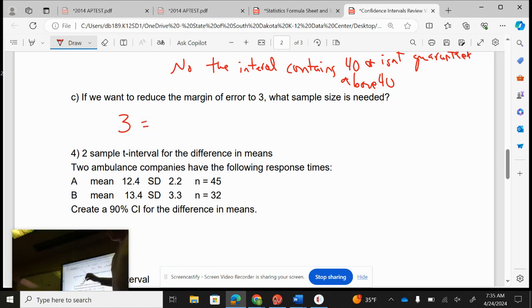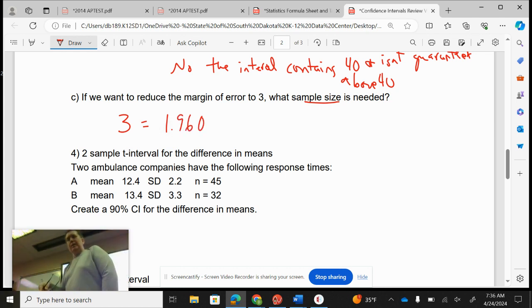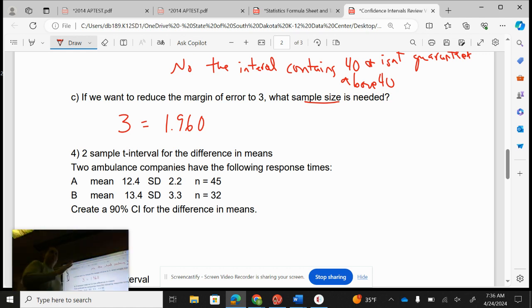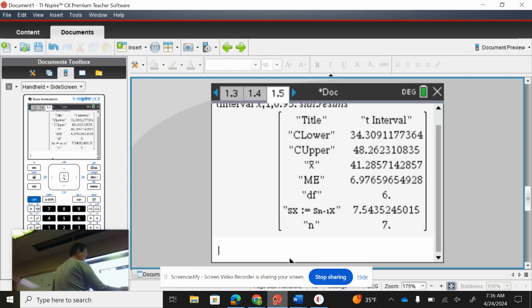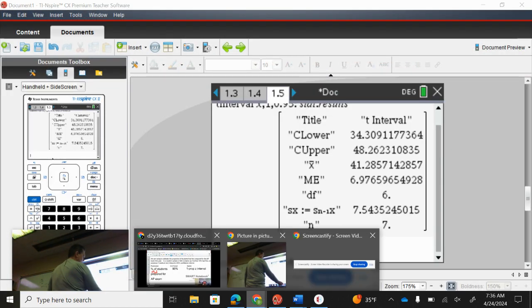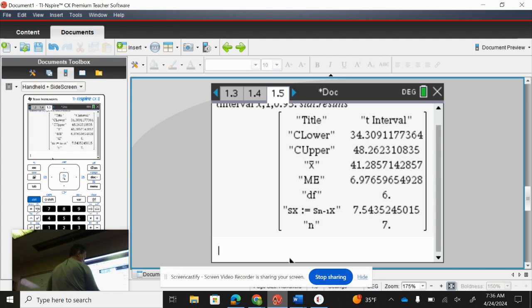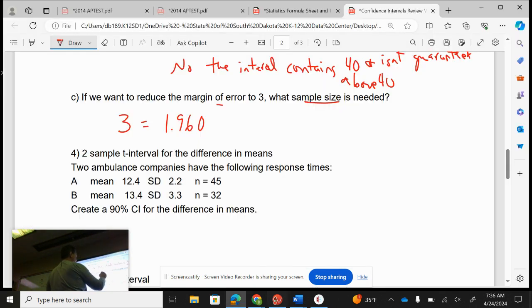Now, one thing, whenever you're calculating a sample size, we were using 95%. So you never will use the t star. Because you're calculating sample size, you go with the most conservative estimate, which is the z star, to calculate that. And we had a standard deviation of 7.54 over the square root of n. You got to solve for that.